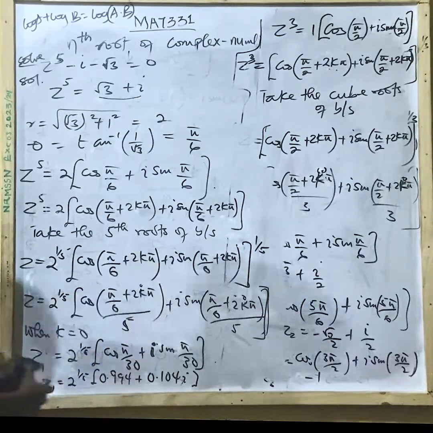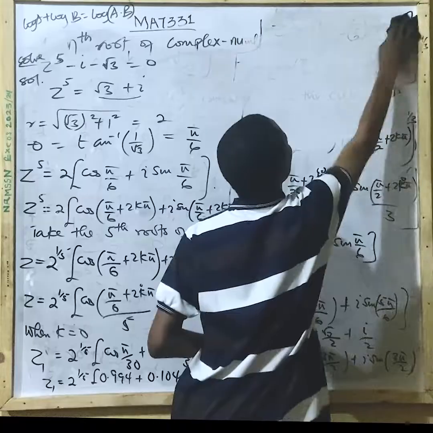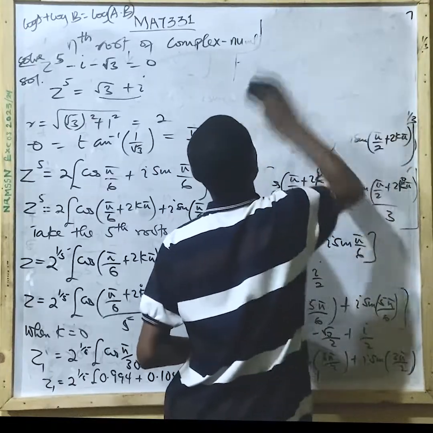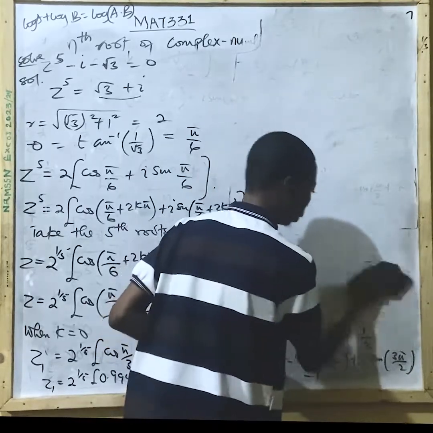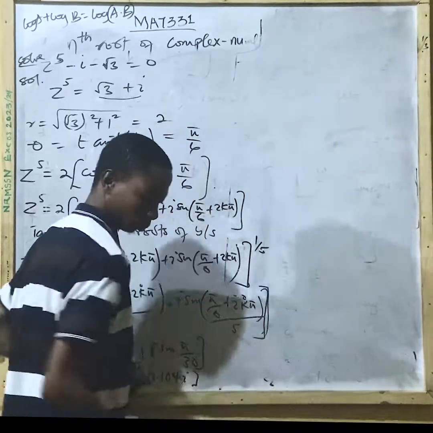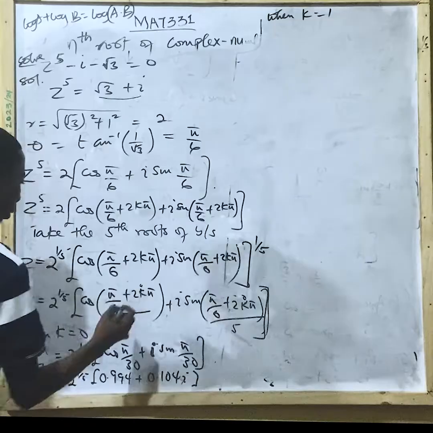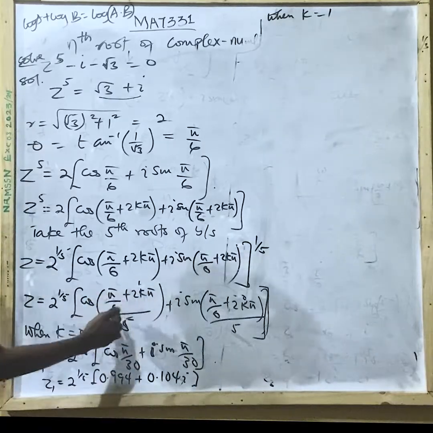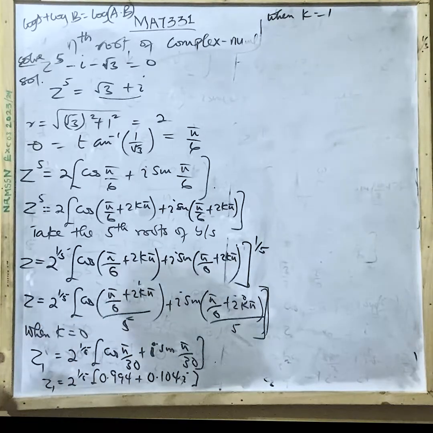z2 is when k is 1. If k is 1, from here we have pi over 6 plus 2 pi, all over 5, so 13 pi over 30.